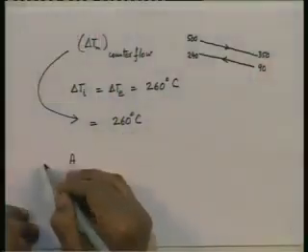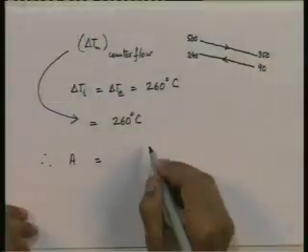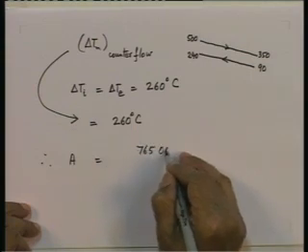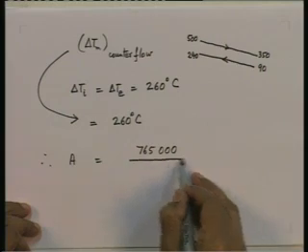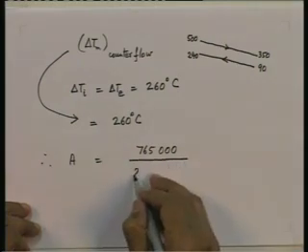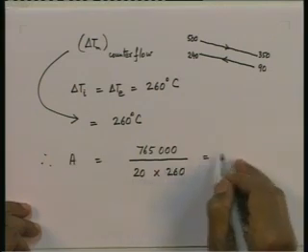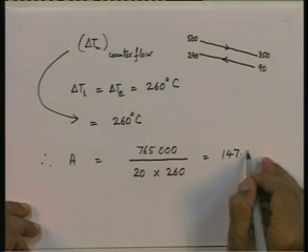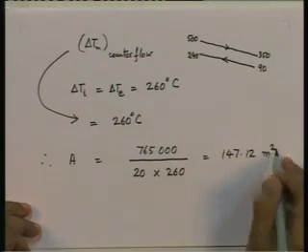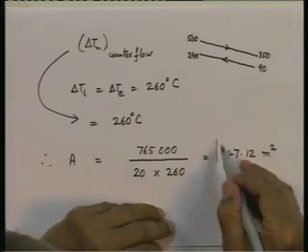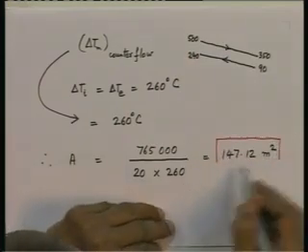As I said, q and U do not change, therefore, A will be equal to the value of q, which is 765,000 watts, divided by the value of U and the value of delta T m, 260. So, we get 147.12 square meters.